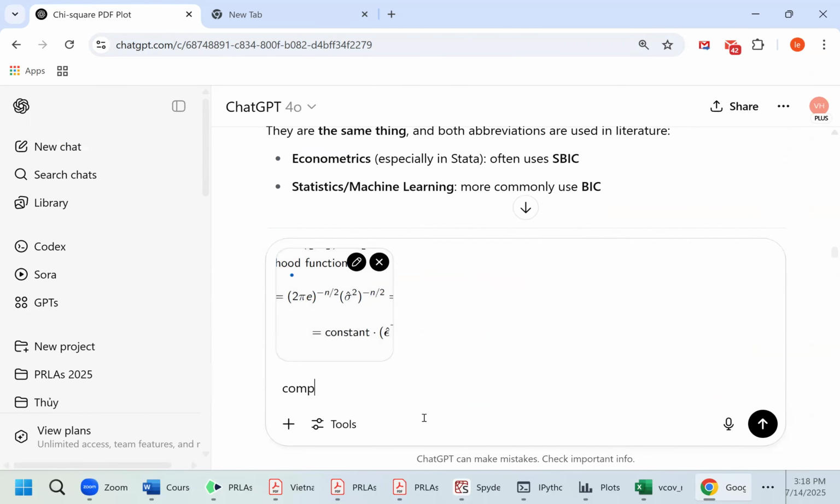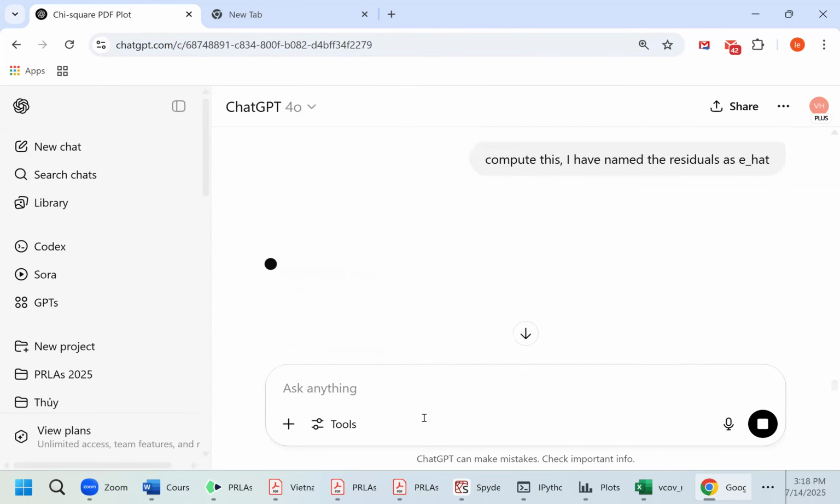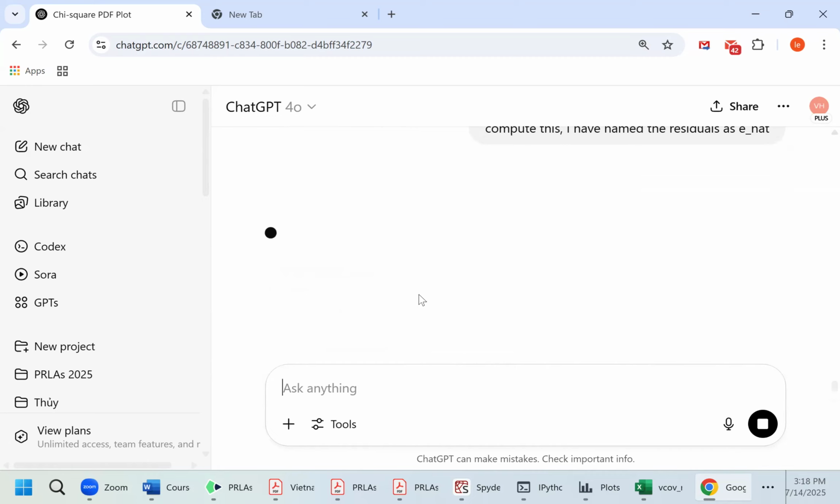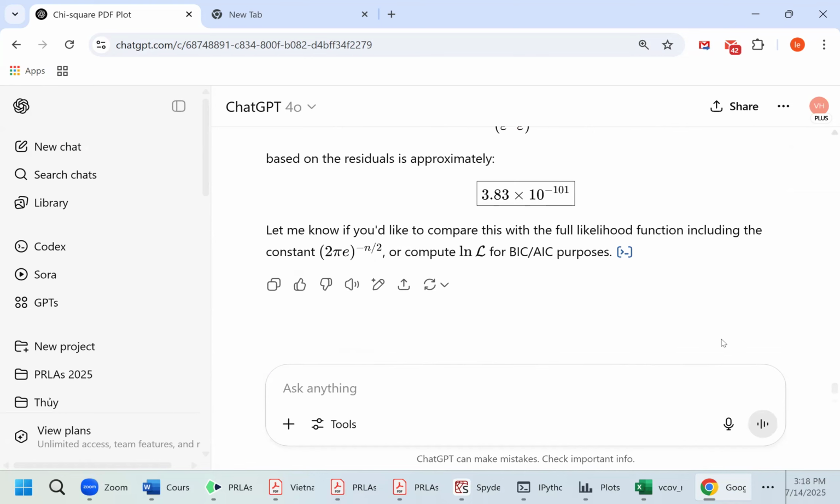This one, computers. I have named the residual as e_hat. A mistake, I think.